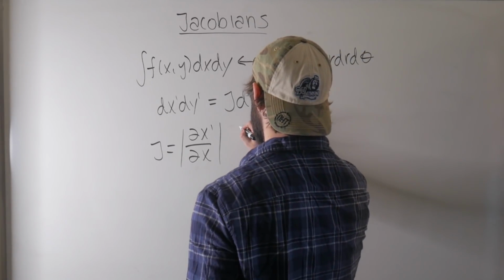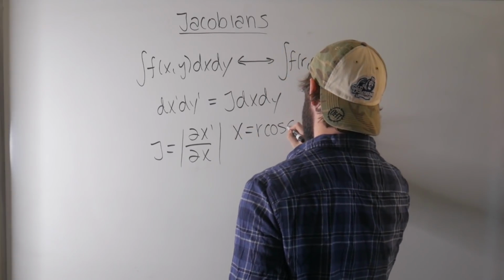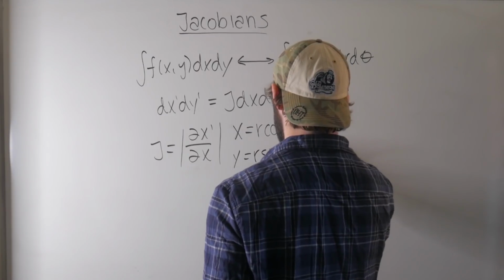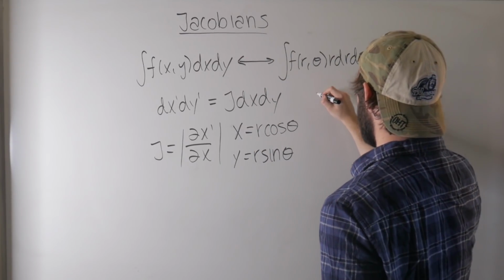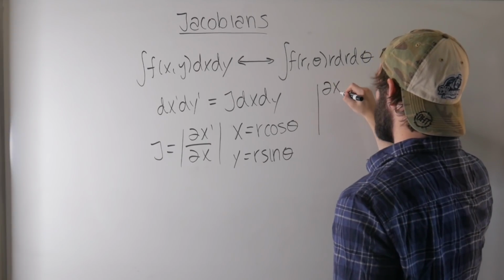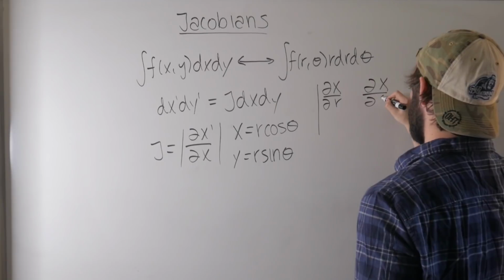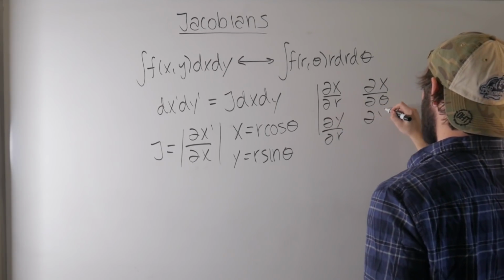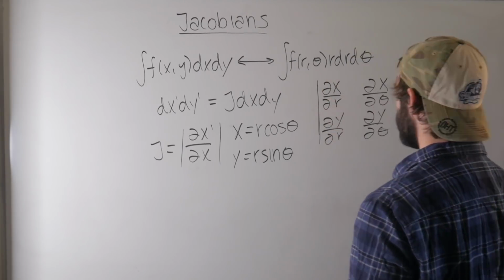So in polar coordinates, we know x is equal to r cosine theta and y is equal to r sine theta. So our Jacobian would be the determinant of the matrix with entries dx/dr, dx/d theta, dy/dr, dy/d theta. Okay?